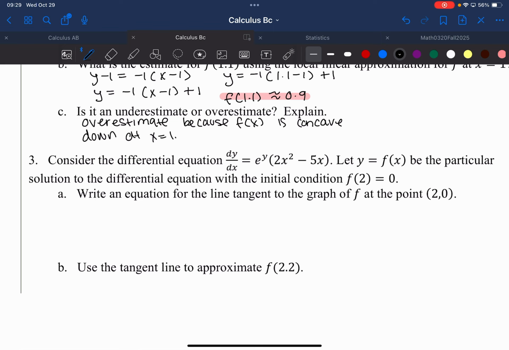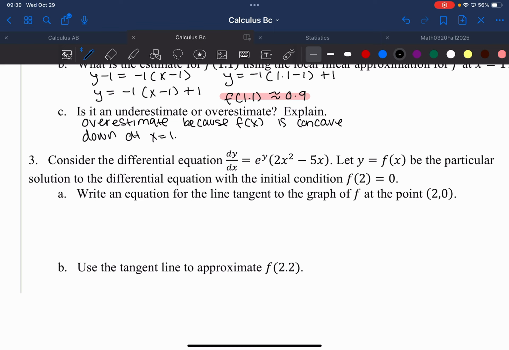Differential equation and particular solution. Doesn't matter. All we know is that dy dx is what? Is the slope, right? dy dx is the slope, or dy dx is the derivative, which means they already took the derivative for you.